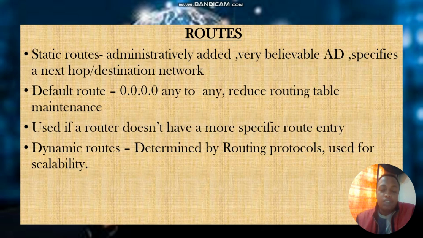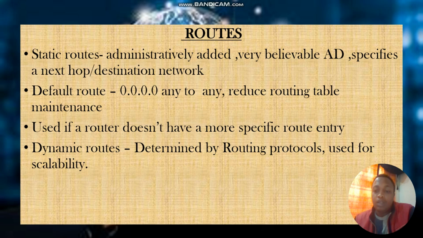Now, in my previous video, which is the IP routing video, I talked about the different kind of routes that we can find in our routers. We can have a static route, which is administratively added. That is, the system administrator configures the next hop address of a destination network to a router.